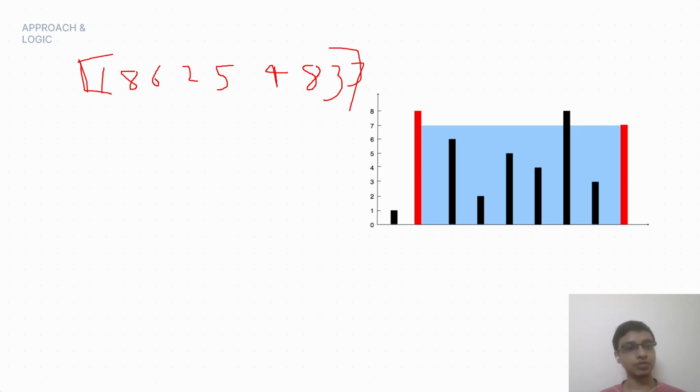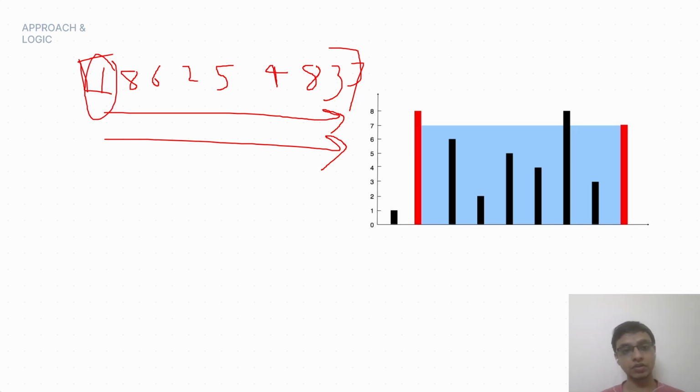The first approach is that we can traverse this array two times in a nested loop format. We can pick this element, and we can find the water contained between these two, then these two, then these two.